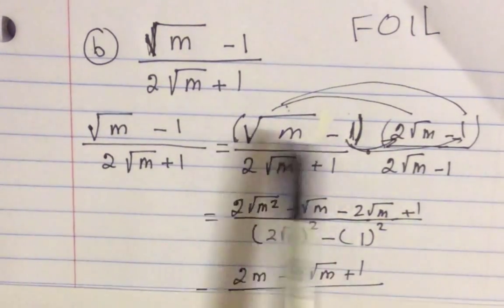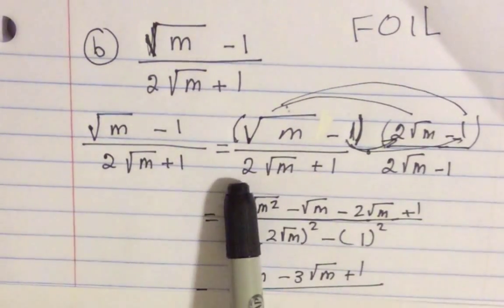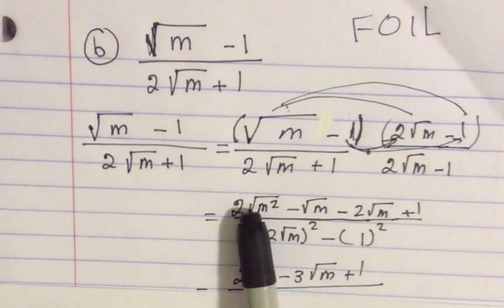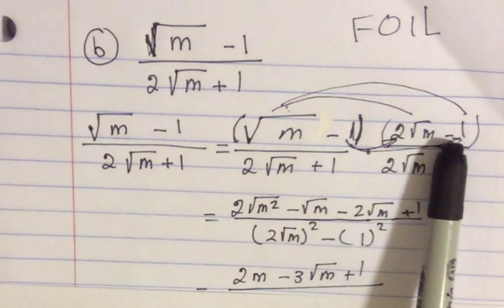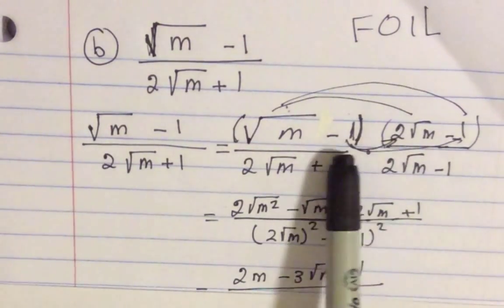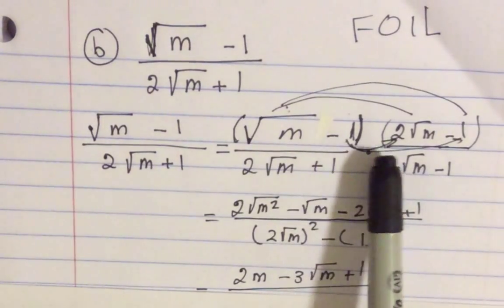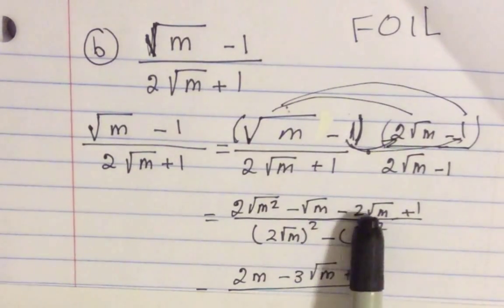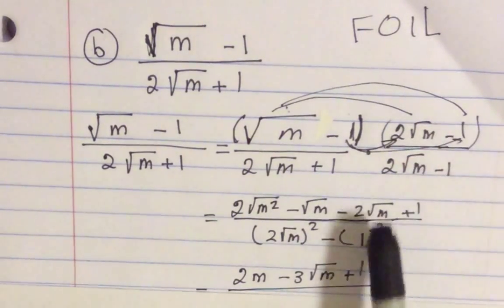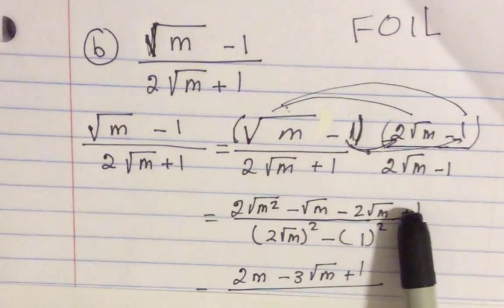So coefficient times the coefficient, 1 times 2 is 2. And then square root of m times square root of m, you get square root of m squared. Square root of m times negative 1, you get negative square root of m. Then we distribute the negative 1. Negative 1 multiplied by 2 square root of m is going to be negative 2 square root of m. Negative 1 times another negative 1, negative times negative is positive. 1 times 1 is 1.